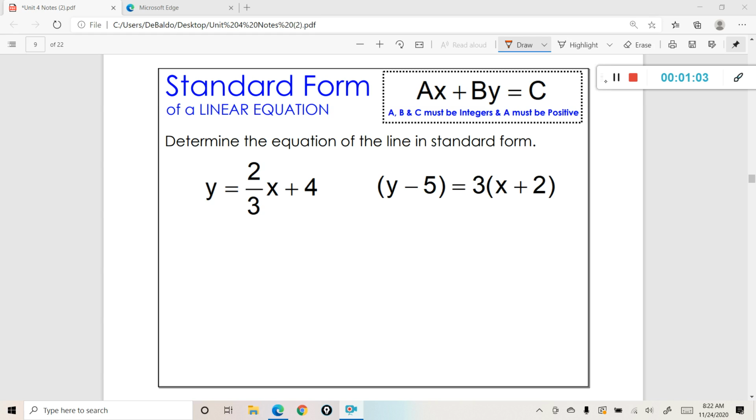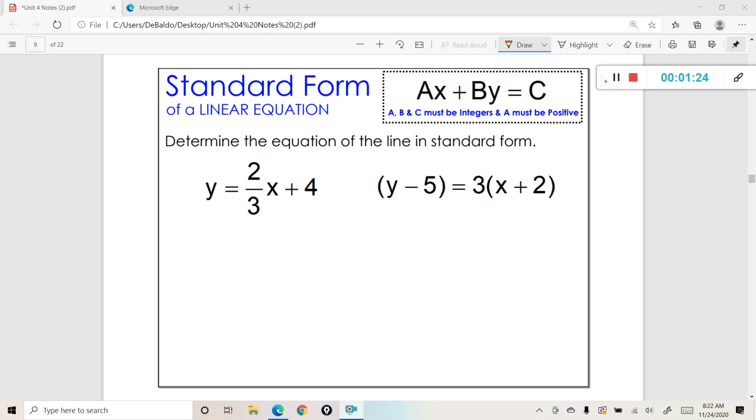It says determine the equation of the line in standard form. So right now you can see that we have an equation in slope-intercept form, and we want to transfer this into standard form. So let's go ahead and do this. I'm going to start by getting my x and my y over on the left-hand side and my constant on my right-hand side.